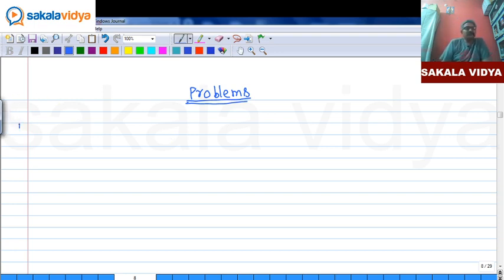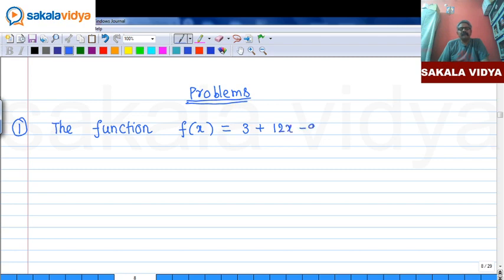First problem, the function f of x equals 3 plus 12x minus 9x square plus 2x cube is increasing in.